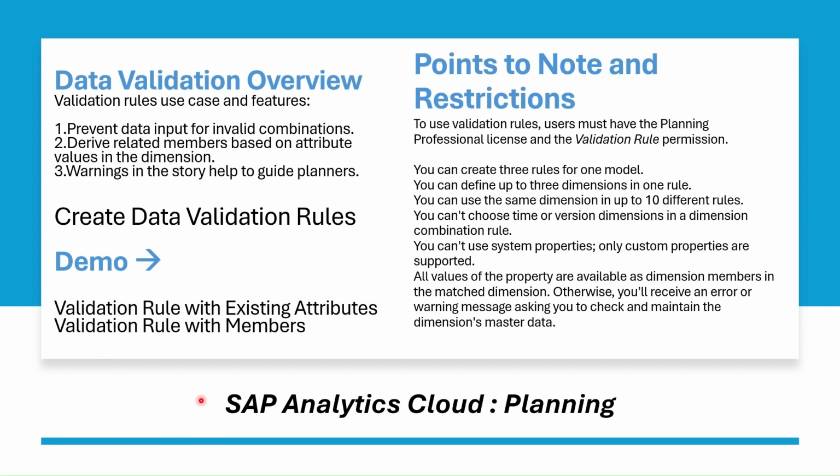If you are new to this and don't know the concept of validation rules, it might sound a little strange or new, but once you create one validation rule, you will understand these points. So let's continue with the demo.